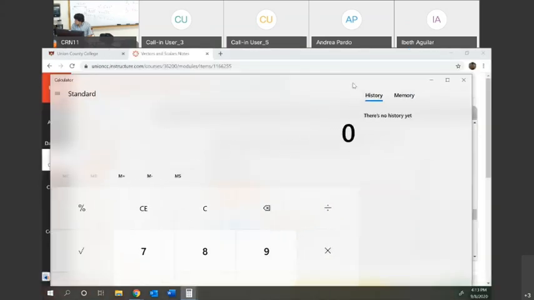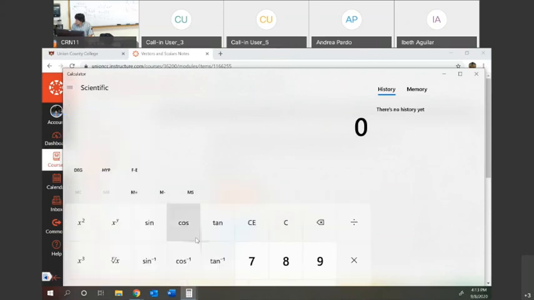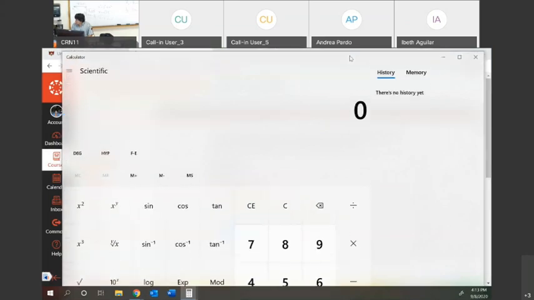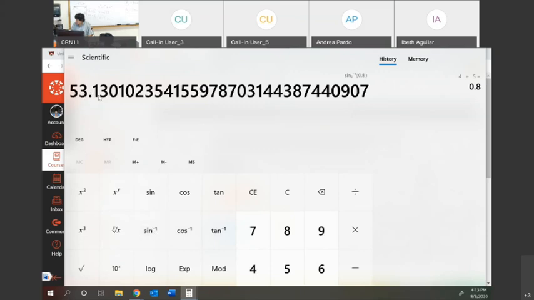You want to use a scientific one because this has the trigonometry, and then you say 4 divided by 5 gives me that, and then I do this, and I get the angle in degrees, so 53 degrees approximately. All right, so that's the only math that might be in here. I will probably just focus on the resultant.